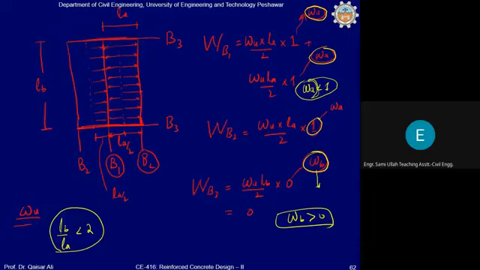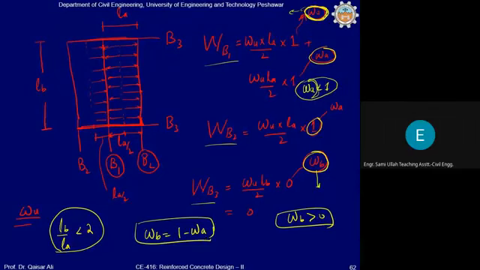In this lecture, this was the summary of this lecture. What will we do in this lecture? Load transfer coefficient tables are given, and there is only one table for this load transfer along the shorter direction. WA will be calculated from the table, and from WA you can also calculate WB for B1, B2, and B3, because WB will be equal to 1 minus WA.